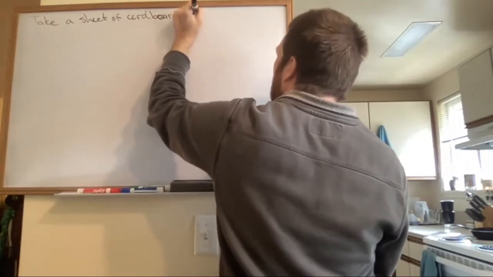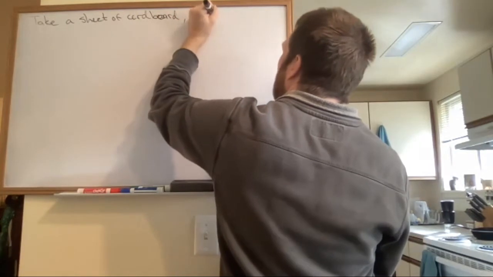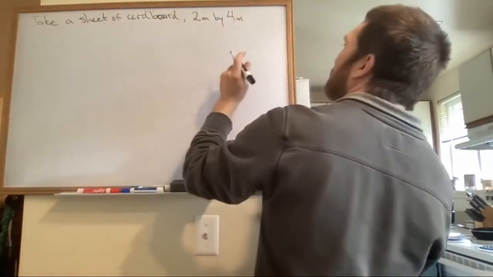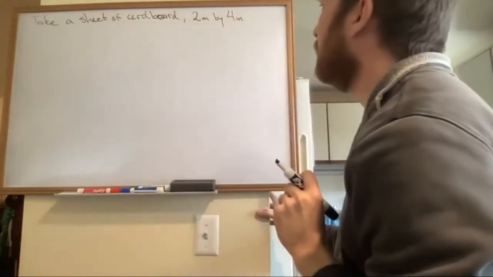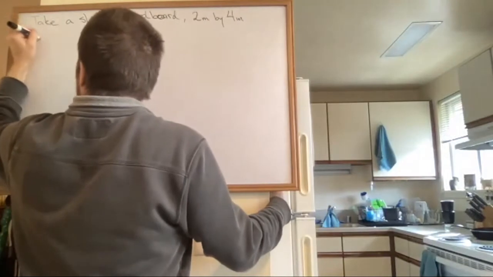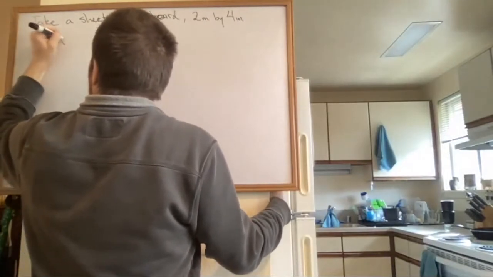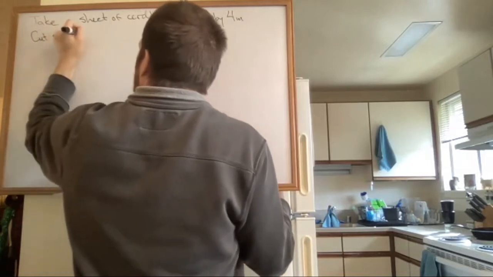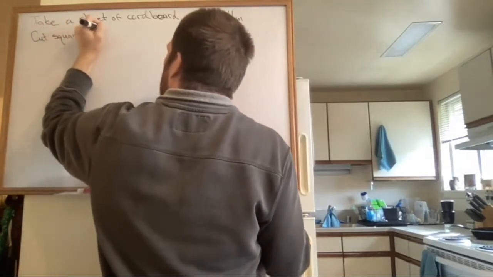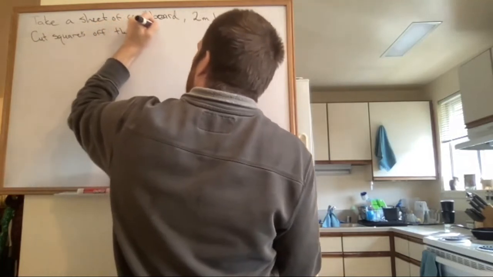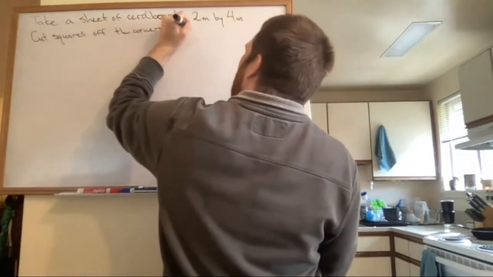It'd be nice to do this in meters. 2 meters by 4 meters. And what we're going to do is cut squares off the corners to make a box.